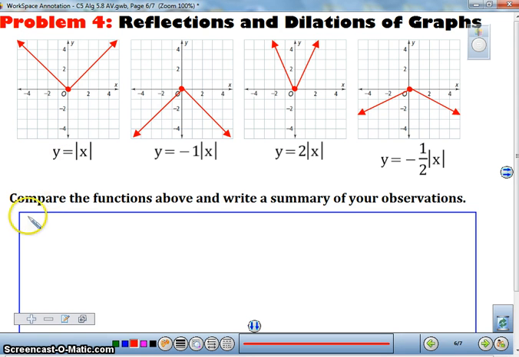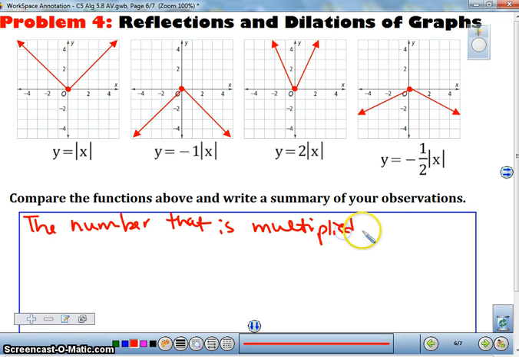But it is that the number that is being multiplied by the absolute value affects the slope.